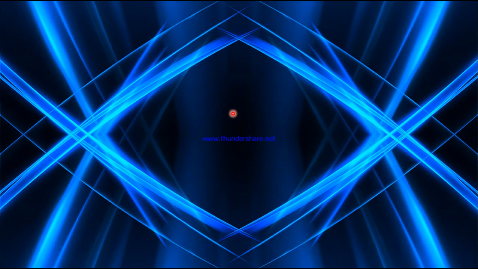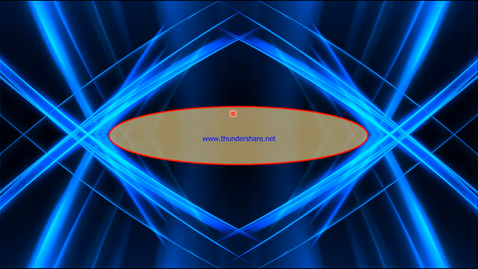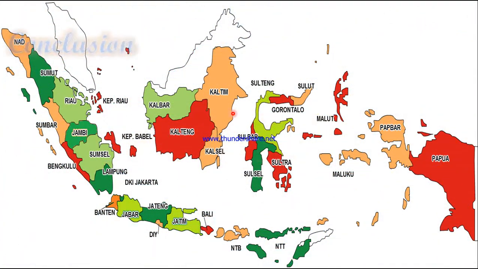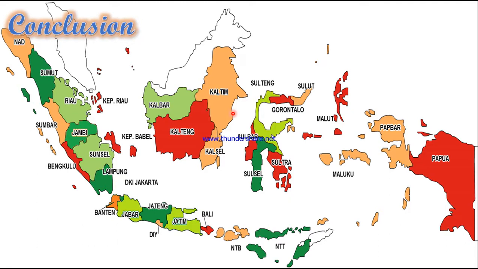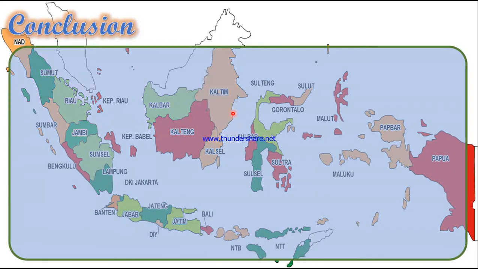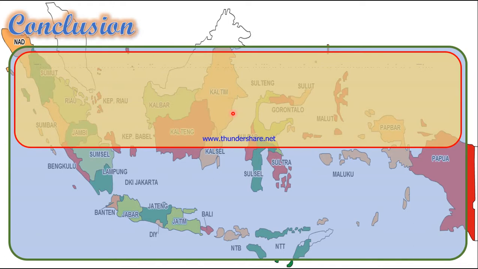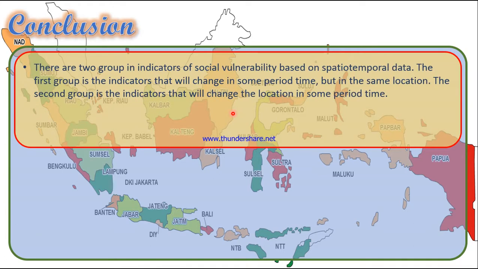Okay, let's go on to the next part. That is the conclusion for this study. There are some conclusions. The first is there are two groups in indicator of social vulnerability based on spatiotemporal data. The first group is the indicator that will change in some period of time but in the same location.